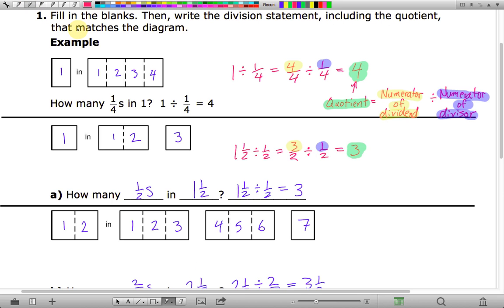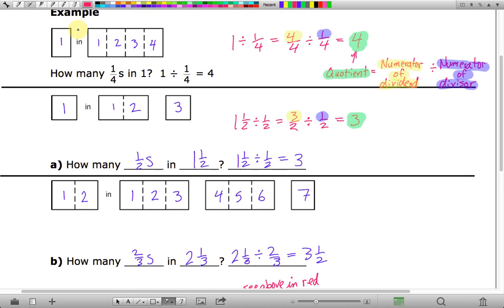And finally, with this example here, we had 2 1/3 divided by 2/3. So the 2 1/3 divided by 2/3 can be rewritten in this way, with the 2 1/3 rewritten as an improper fraction. You can see that we have 7/3 lined up here, and we're dividing by 2/3.